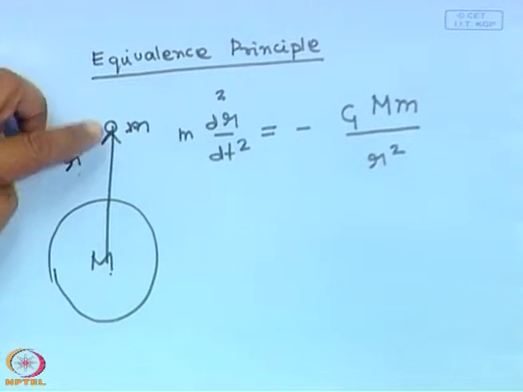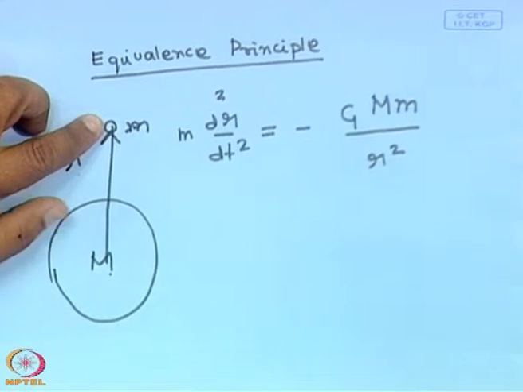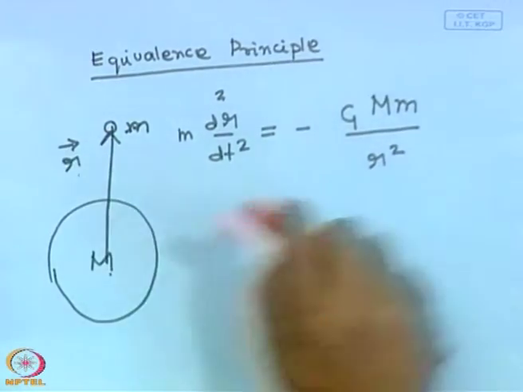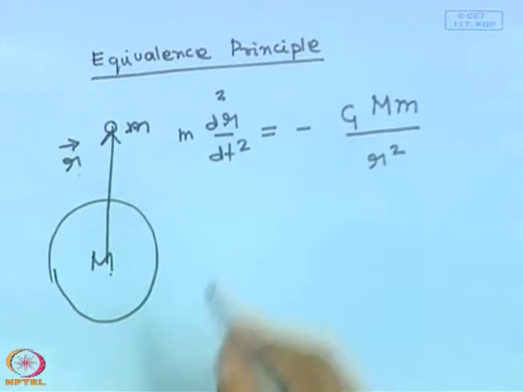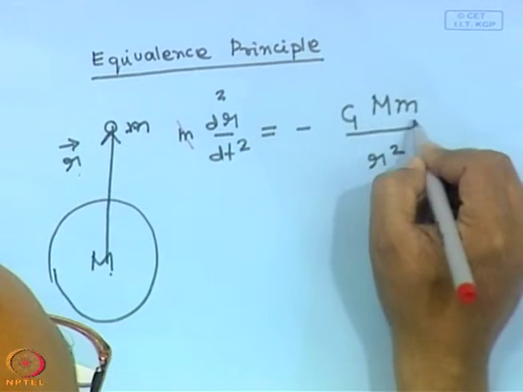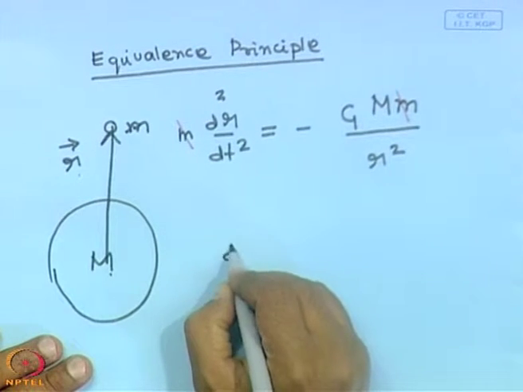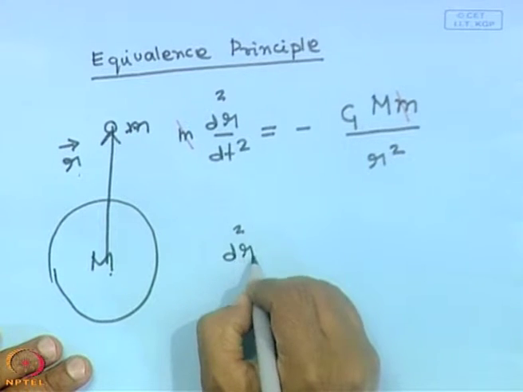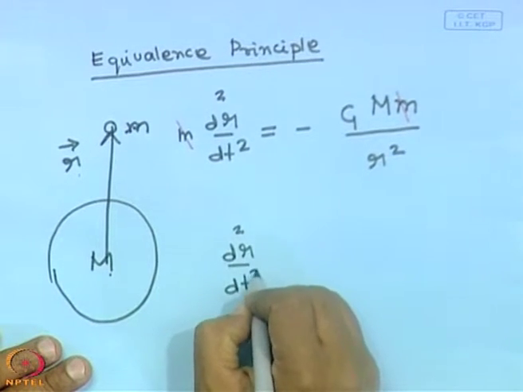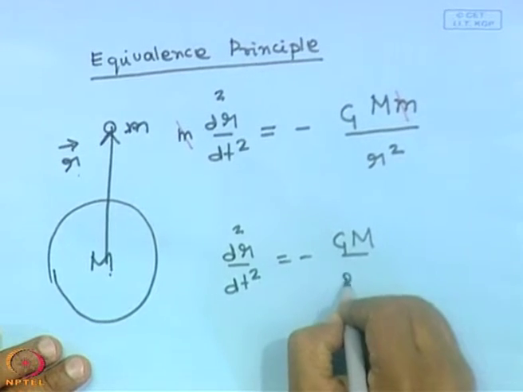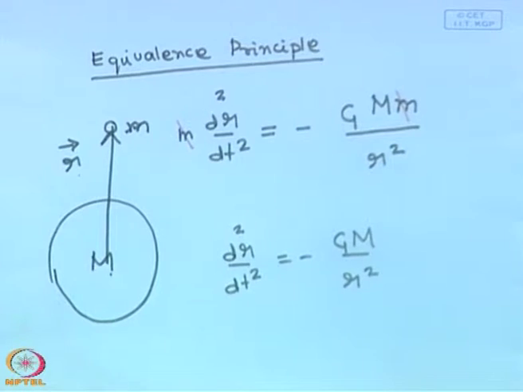Now, the point to note is, when I write the equation of motion of this particle, the same mass of this particle appears on both the left hand side and the right hand side. So, I can essentially cancel it out, and what I can say is that the acceleration is this.